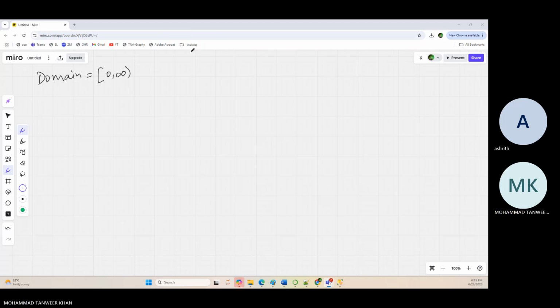Is this clear? Similarly, take the price per kg of apple. Is it possible to be negative? No, sir. The domain will be greater than 0. So if someone asks me to write the domain for the price per kg of apple, I will say the value will always be greater than 0.